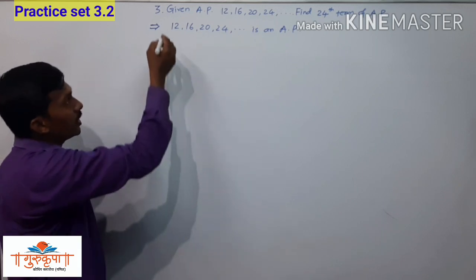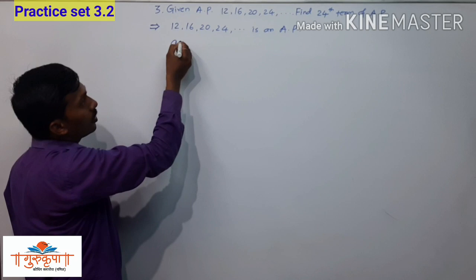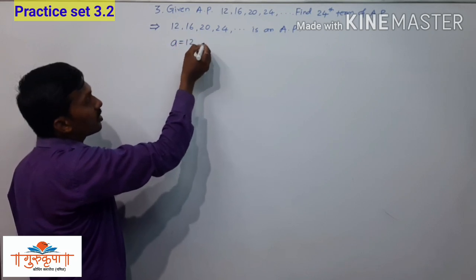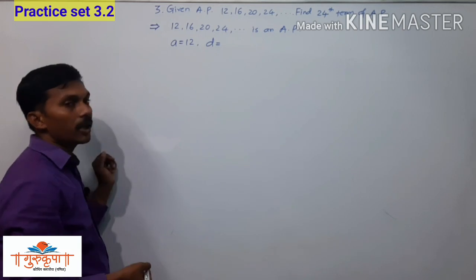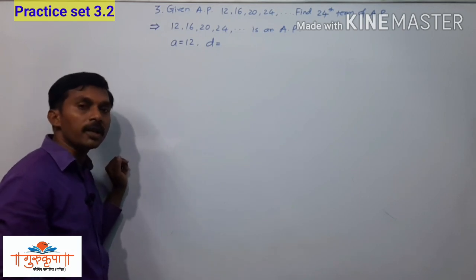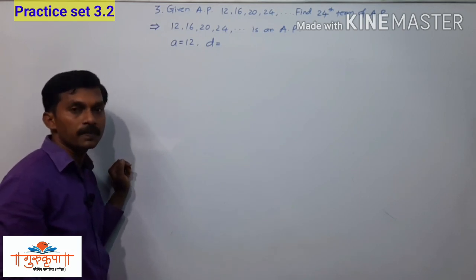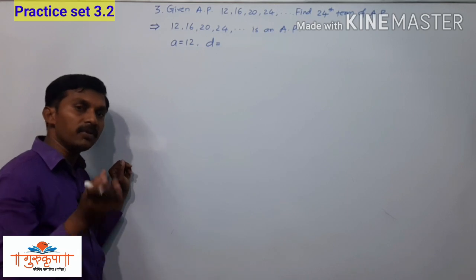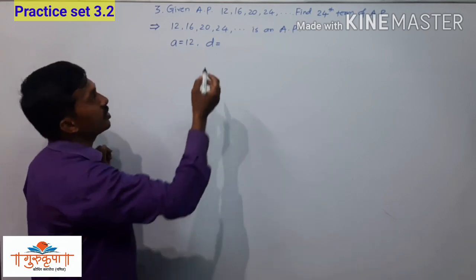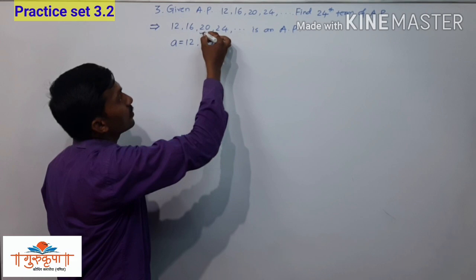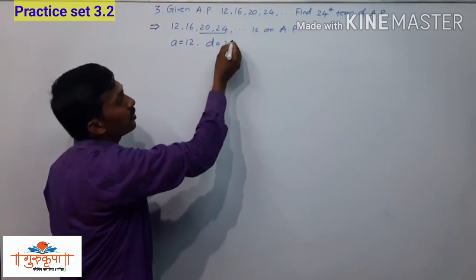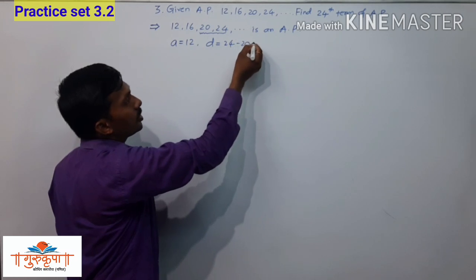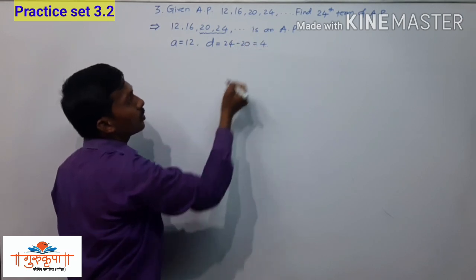So first here we will write the value of A, that is 12. Then we will write the common difference. You can take any two consecutive terms and subtract the previous term from the next one. So we take these two terms: 24 minus 20 is equal to 4.